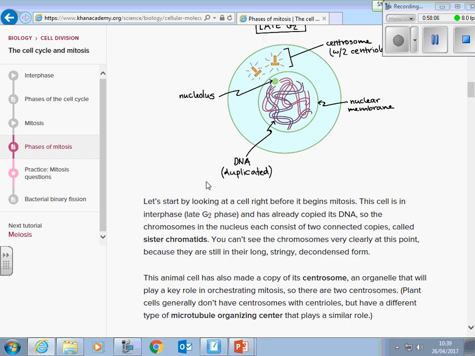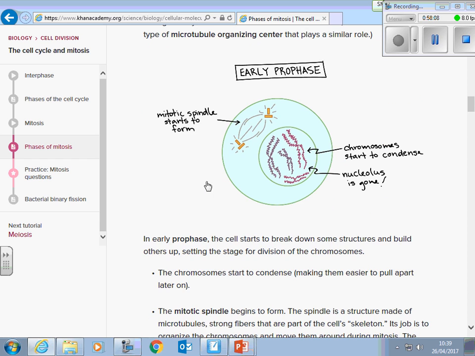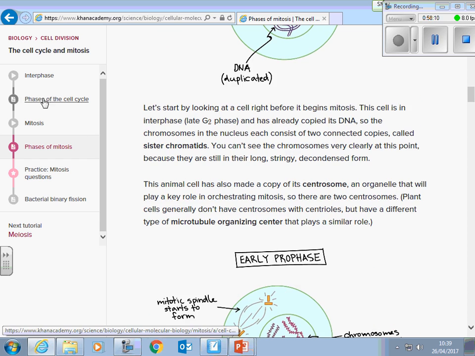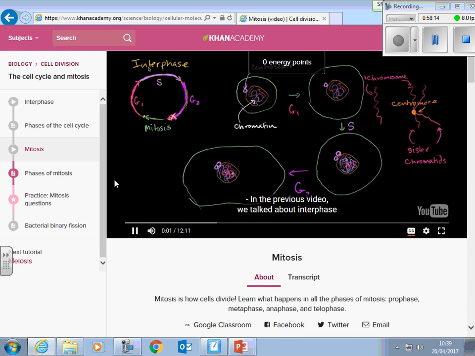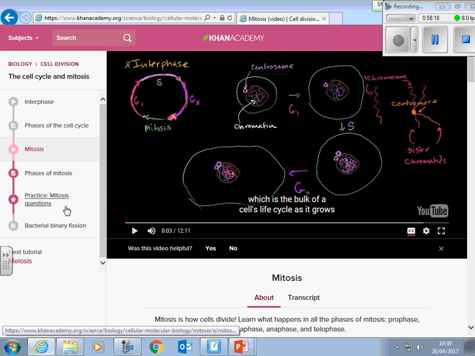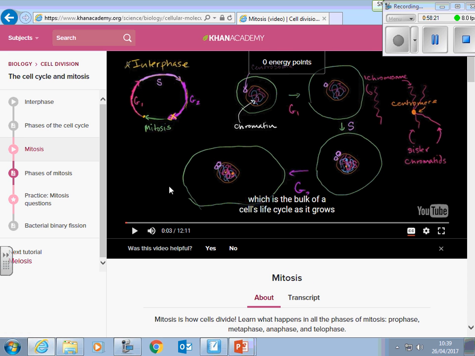That takes you through all the stuff that I've just done. So you've got some of that mixed in with notes, mixed in with quizzes and things as well. So it's quite a useful thing to look at.